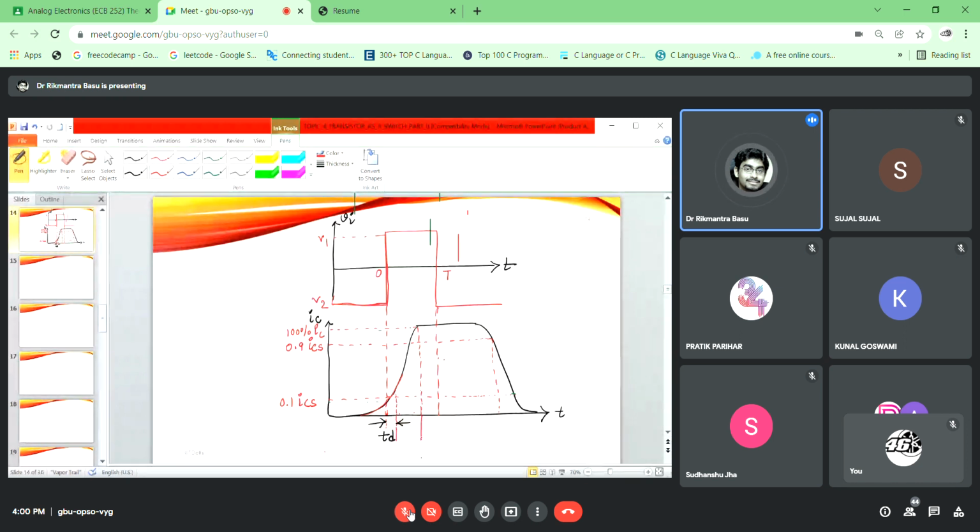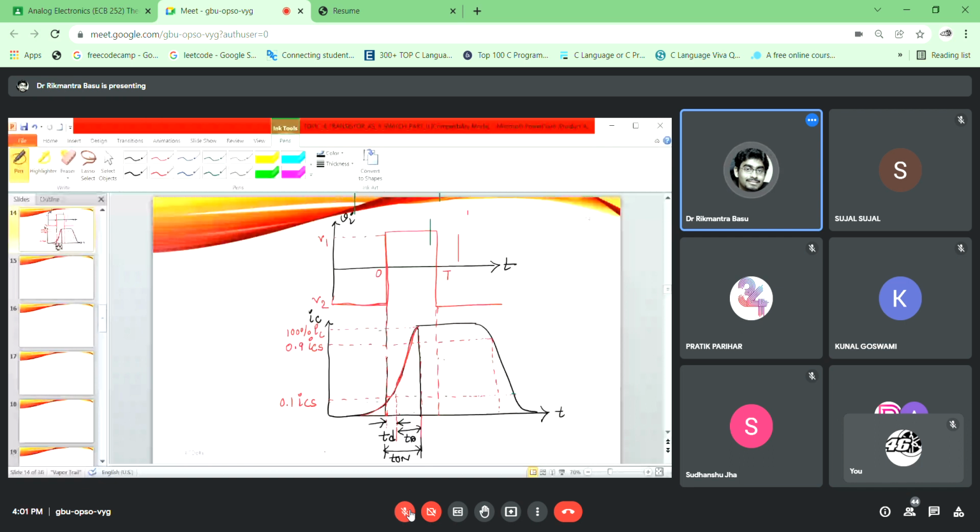Up to this portion, the graph is rising. So this is known as the TR, or the rising time. And finally, when it reaches this point, the transistor eventually gets on. So after this TD and TR, it actually gets on. So T on is your TD and TR, up to which it gets properly on.